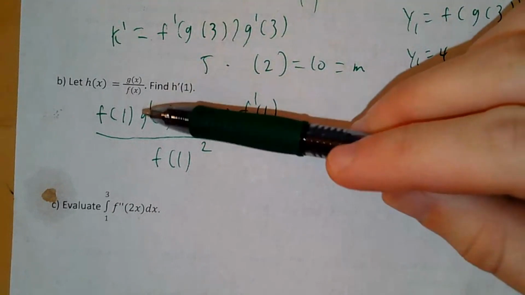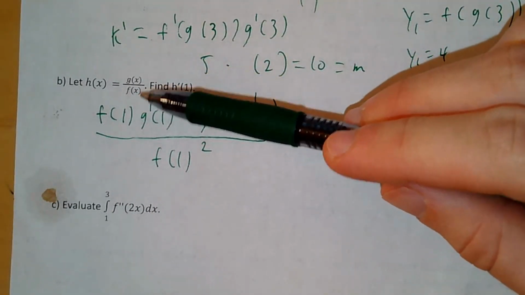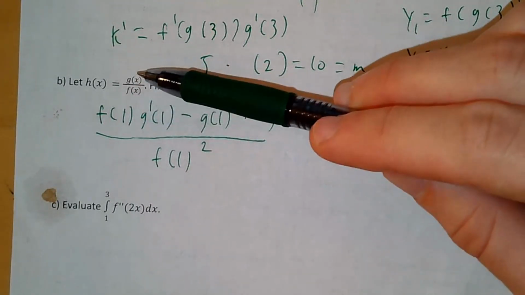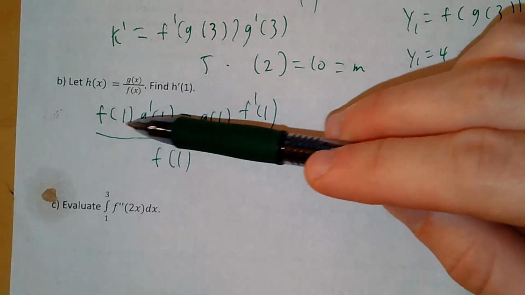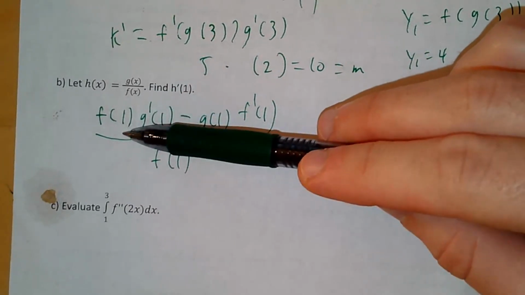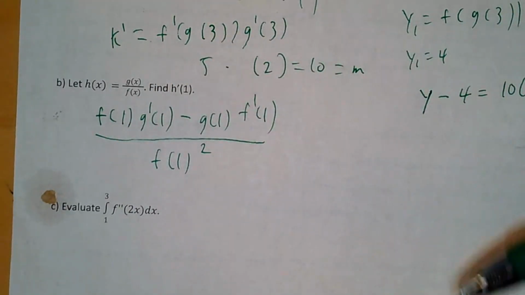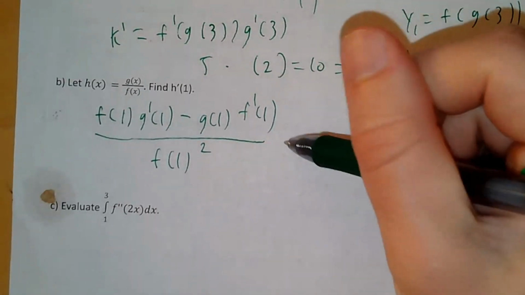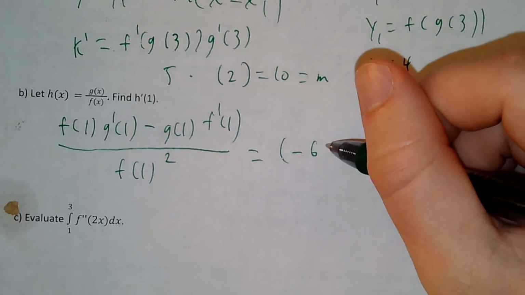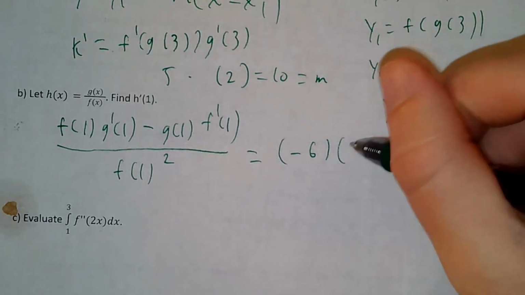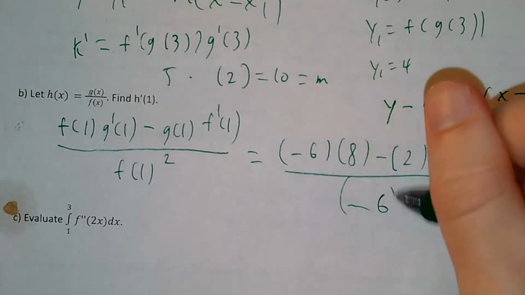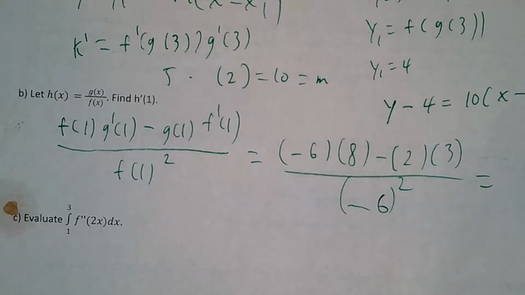We're used to seeing quotient rule written as f of x over g of x, and this is g of x over f of x. So it's almost like they're trying to confuse you, but it's just low goes first. That's why f of 1 comes first, because f of 1 is the denominator. The denominator needs to come first without the derivative. And when you do this, you just go find the values: negative 6 times 8 minus 2 times 3, all over negative 6 squared. This simplifies to negative 3 halves.